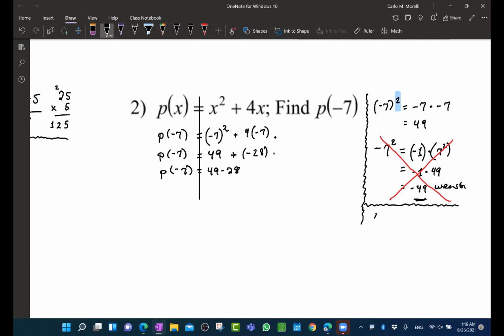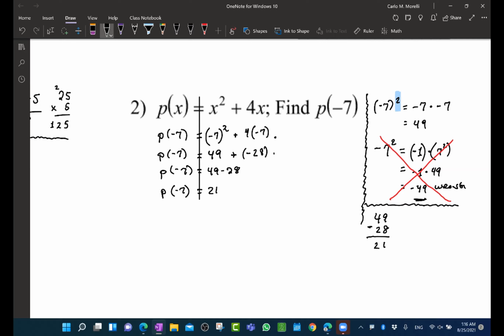Okay, so over in side work, we're going to say 49 minus 28. Well, 9 minus 8 is 1. 4 minus 2 is 2. So 49 minus 28 is 21. So we think P of negative 7 is equal to 21.